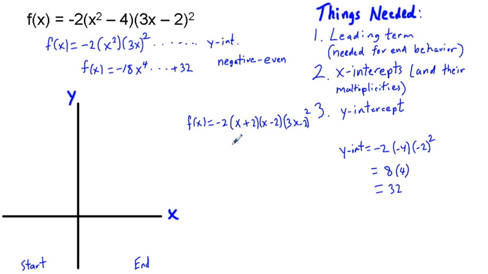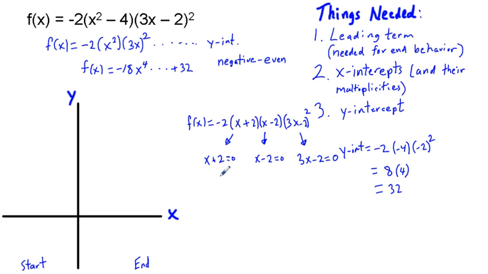And for this, we have our zeros. We have, using the zero factor property, x plus 2 is equal to 0. We have x minus 2 is equal to 0. And finally, we have 3x minus 2 is equal to 0.